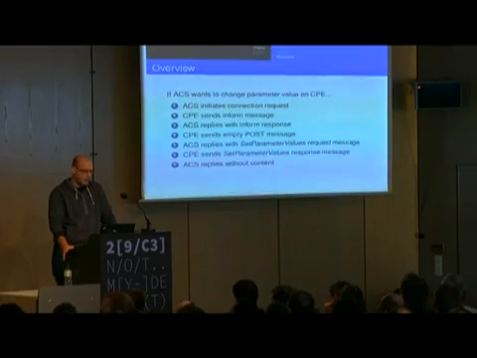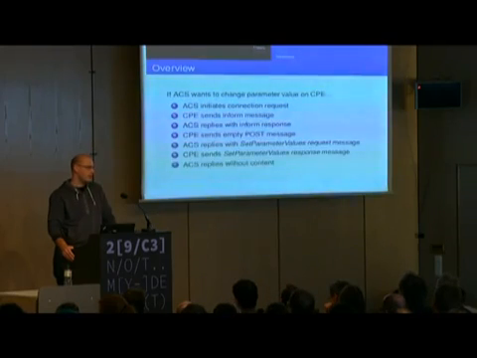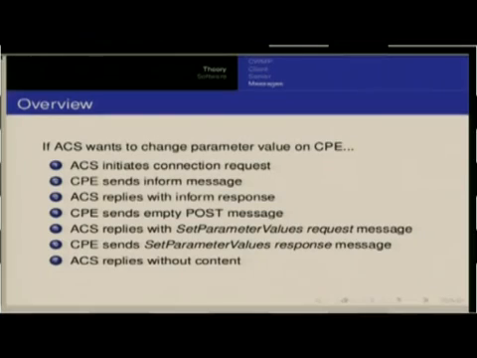ACS will reply with inform message response. Then CP will send empty post message. In CWMP, empty post message means that the party that sends it has nothing to say. So ACS can send empty reply, or it can send 204 no content message.